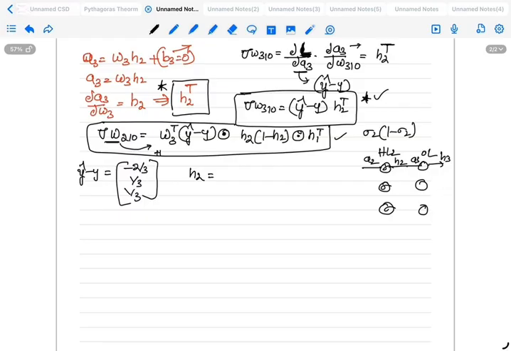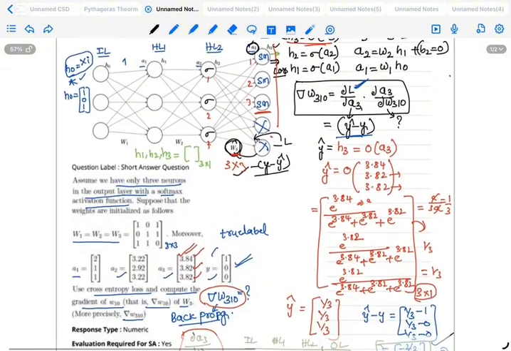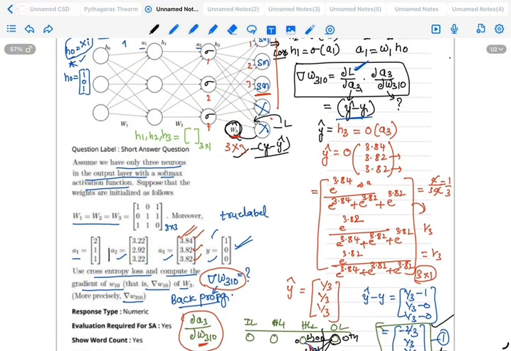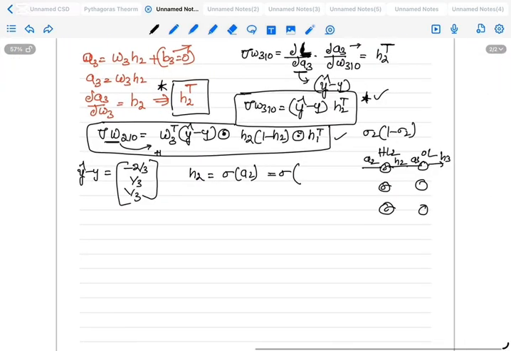So H2 equals sigmoid of A2. We know A2 is given in the question: 3.22, 2.92, 3.22. So H2 is the sigmoid of 3.22, 2.92, 3.22.